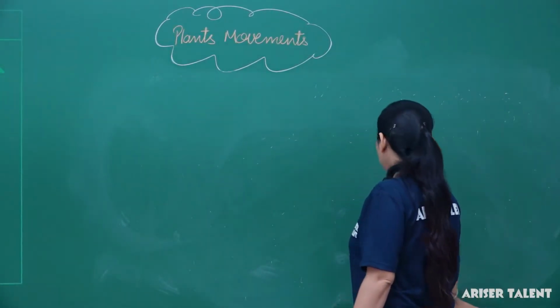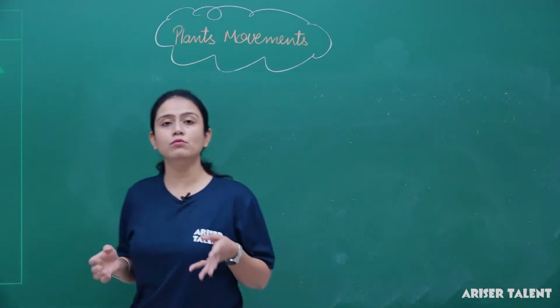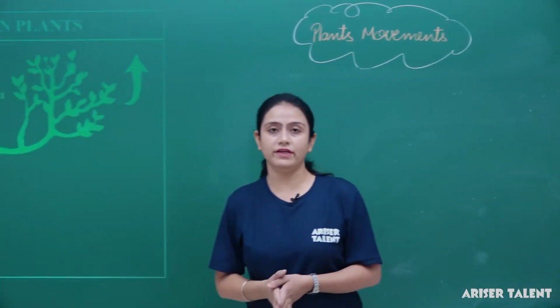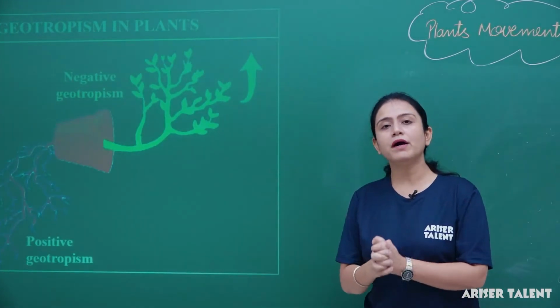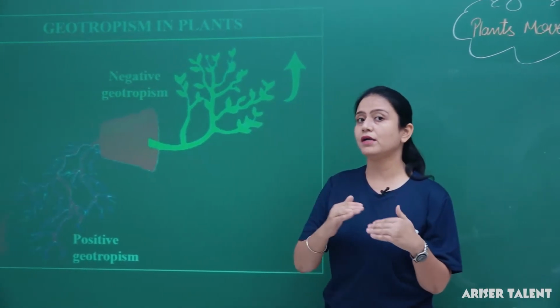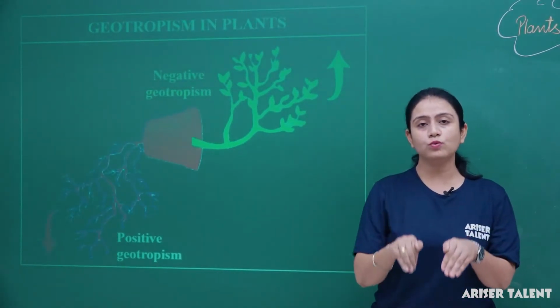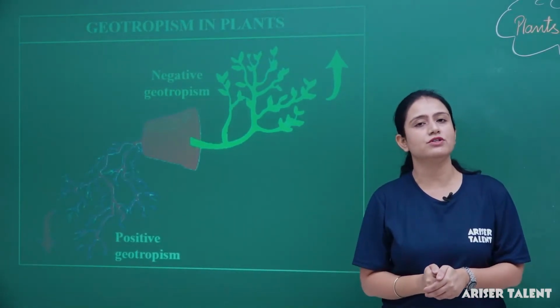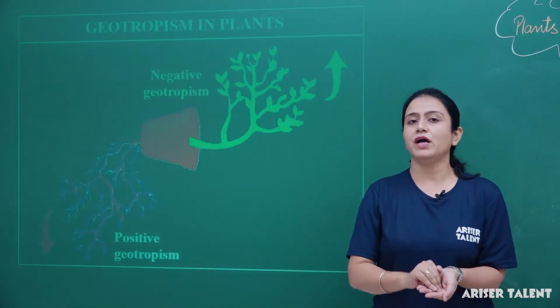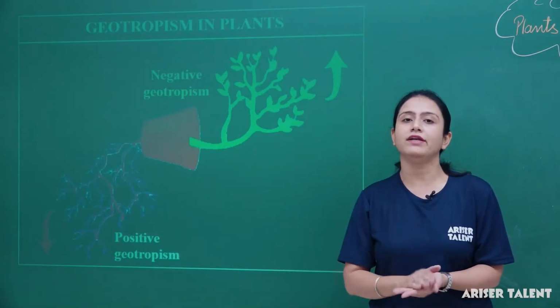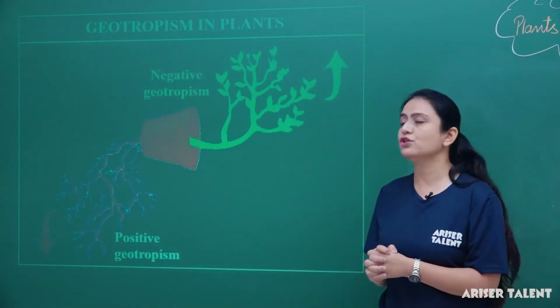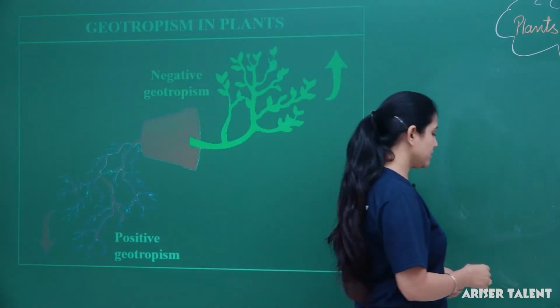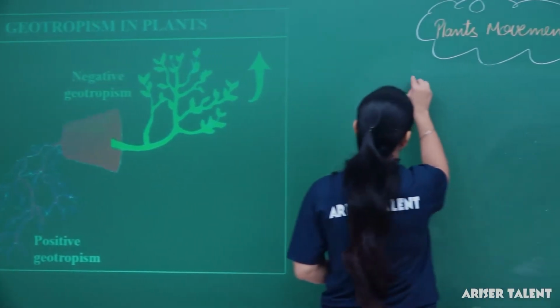When the part of the plant shows movement towards gravity, this is known as geotropism. Some parts of the plant grow towards gravity, and they show positive geotropism, and the parts of the plant which move away from gravity show negative geotropism. So let's discuss.